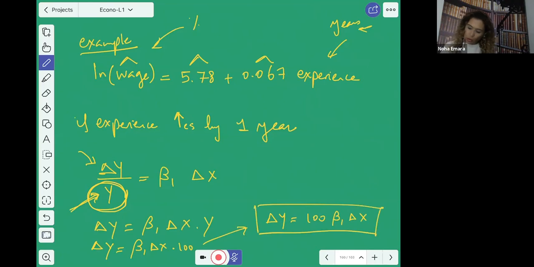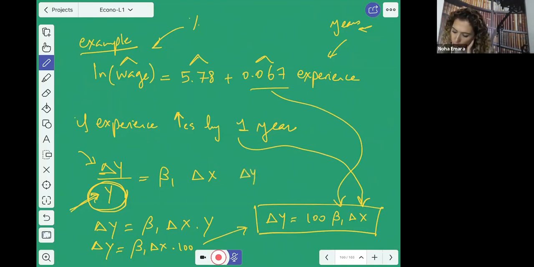Okay, so now 1 year is here, so this is 1. Beta 1 is here, so this is beta 1. You just multiply it times 100 and get the answer. So the change in y is equal to 100 times 0.067 times 1.